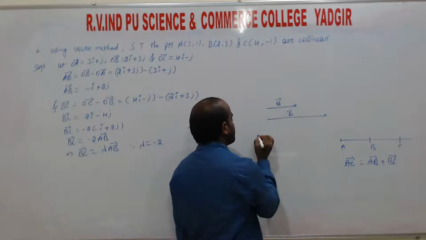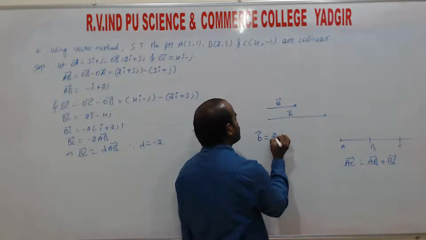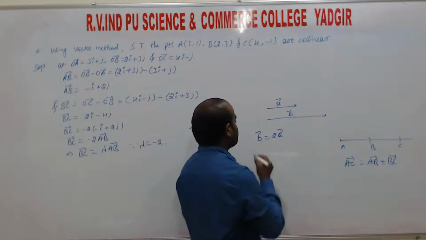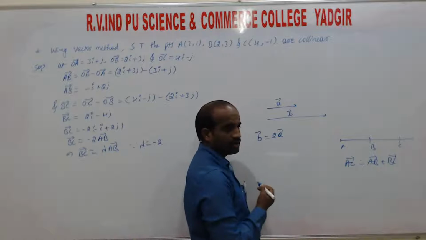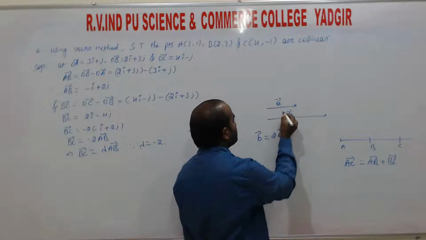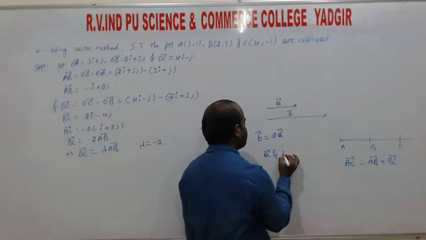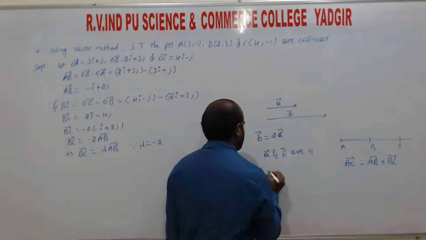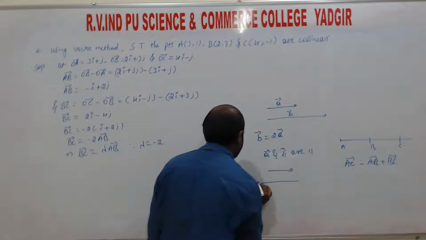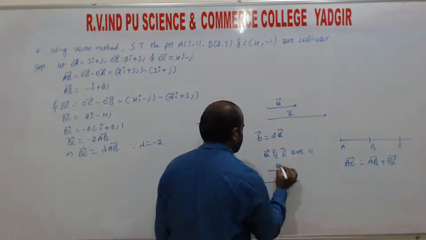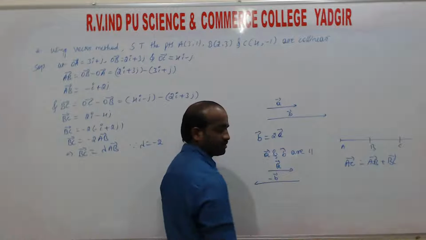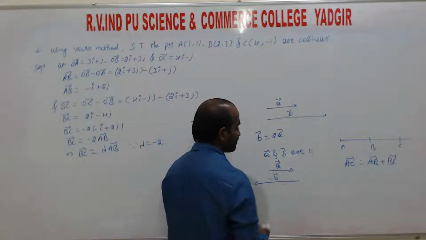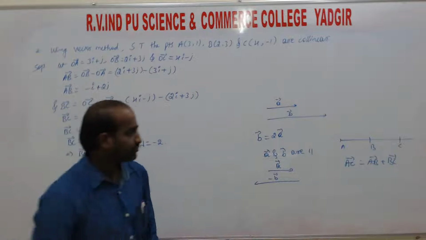Here b vector is equal to 2 times a vector, so b vector and a vector are collinear, meaning parallel. Likewise a vector and minus b vector are collinear, lying on the same line, so these two are parallel.